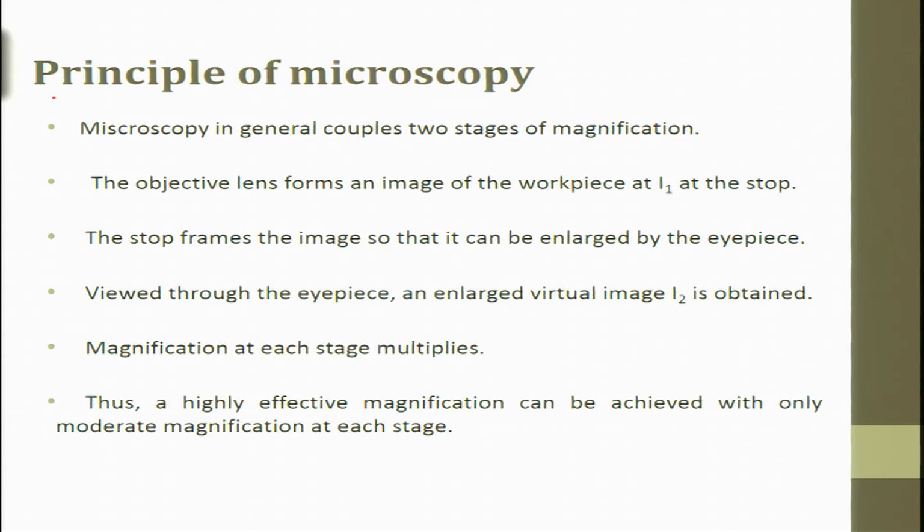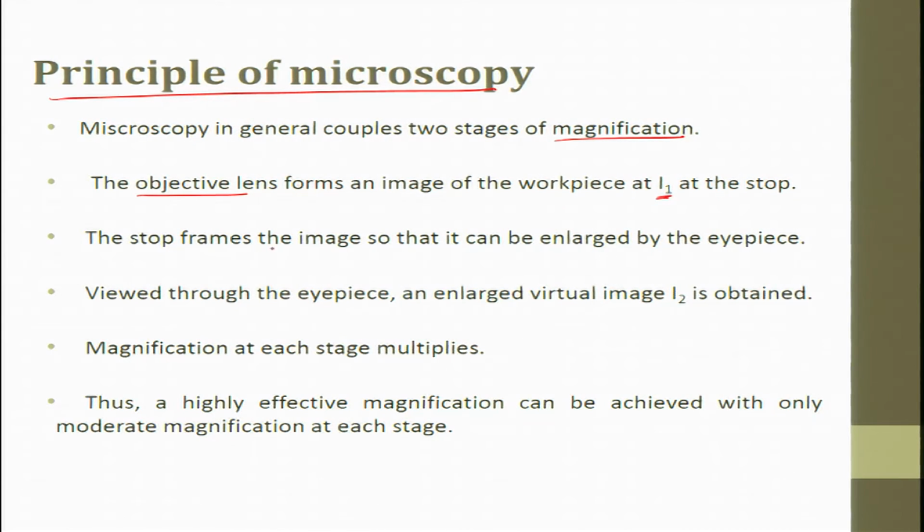So, let us look at a principal device which is a microscope which is exhaustively used, which works on the principle of optics. Microscope in general couples two stages of magnification, the objective lens and then it is there we have one magnification, the other one we will have at close to the eyepiece. Okay. The objective lens forms an image of workpiece at I1 at the stop.